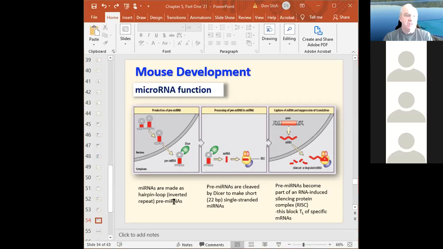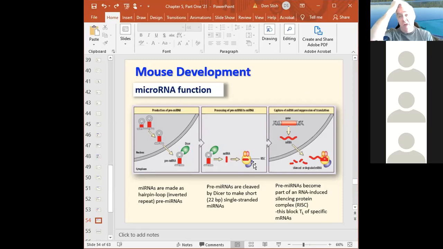So the RISC complex stands for RNA-induced silencing protein complex. So this RISC complex then acts kind of like CRISPR and Cas9, right?